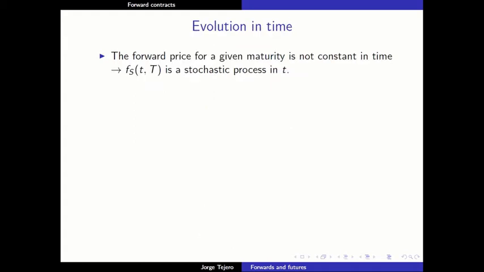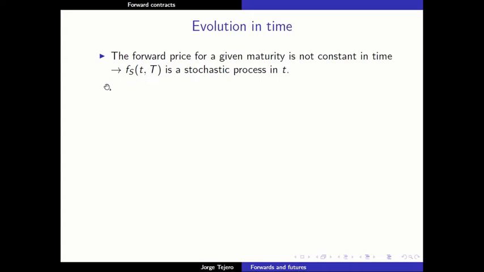So see that the forward price that we saw in the previous slide depends on time, little t. Okay, so it depends, obviously, on the asset, which is the underlying of the forward contract. It depends on the maturity of the forward contract, where the purchase of the asset will take place, and it also depends on the point in time in which we are.